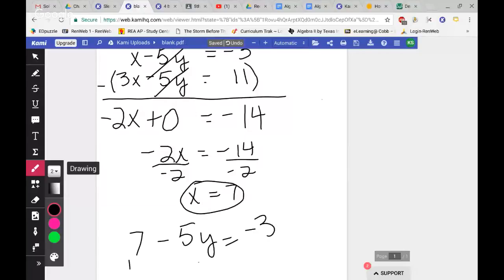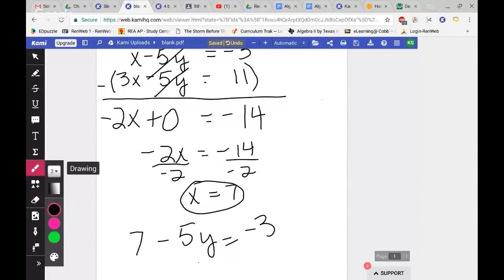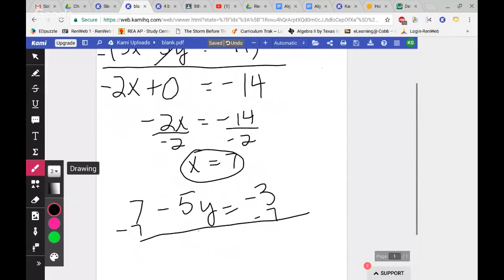So I'm going to add, my bad. I'm going to subtract 7 from both sides. This gives me 0 there. Minus 5y equals a negative 10.